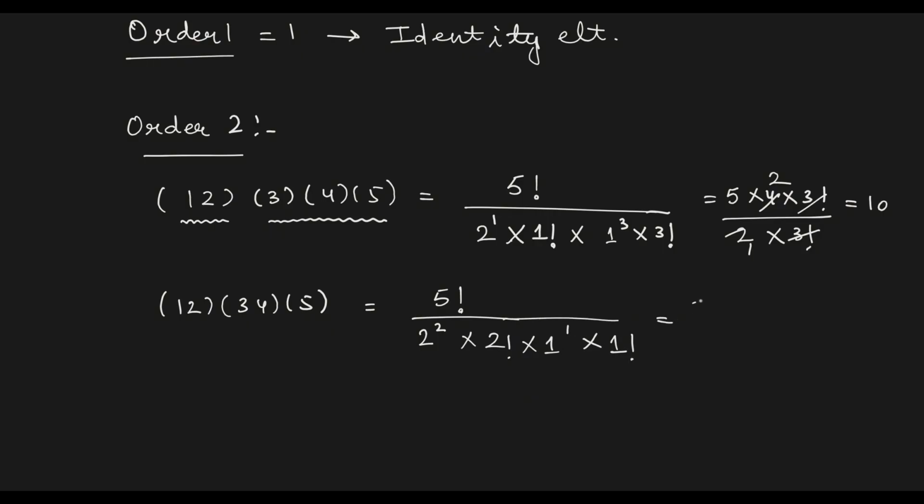So this will be 5 into 4 into 3 into 2 factorial upon 4 into 2 factorial. So 15. So in total, order 2 will be 10 plus 15, 25.